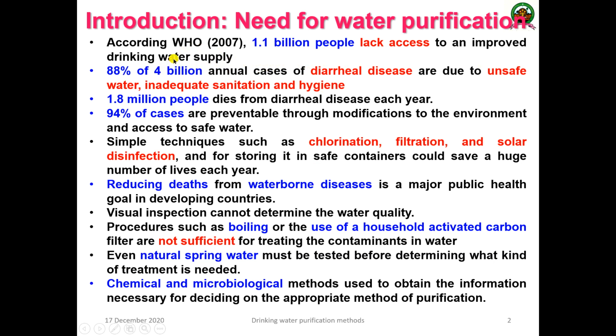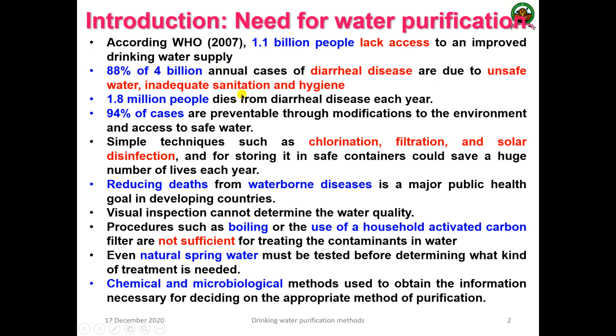According to the World Health Organization, as per the report based on 2007, a little bit old, approximately 1.1 billion people lack adequate water facilities, especially drinking water for their survival.